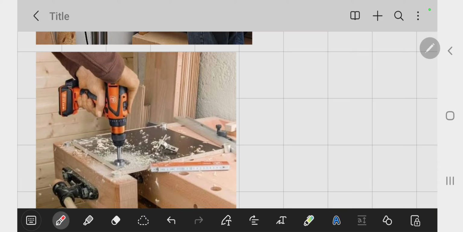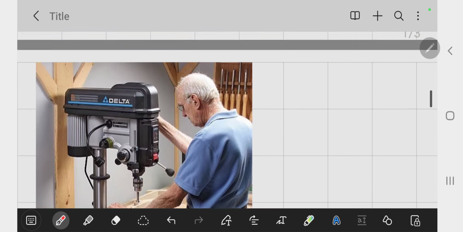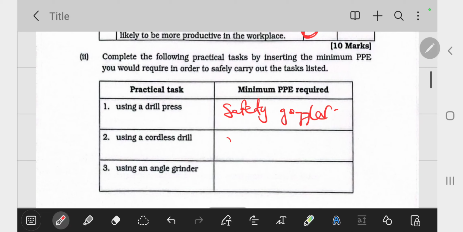Even if it's not in a wood workshop, you can see something similar in a mechanical workshop, but basically it's almost the same thing. You can see some particles flying out, and worse, imagine if this was a metal piece, the particles would be flying out at a very high speed, and they can greatly harm your eyes. So same thing, you need to have safety goggles.